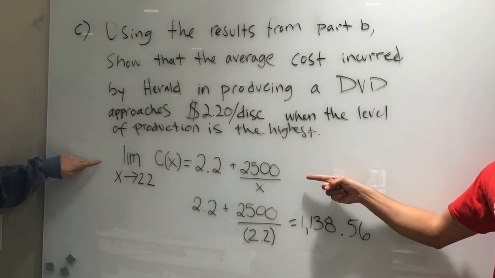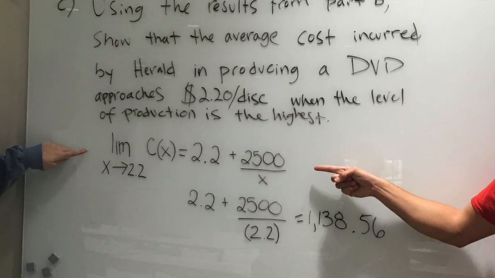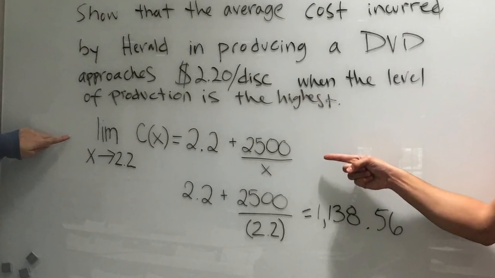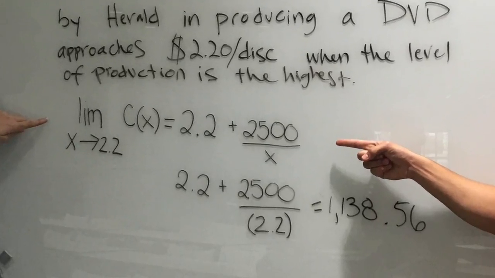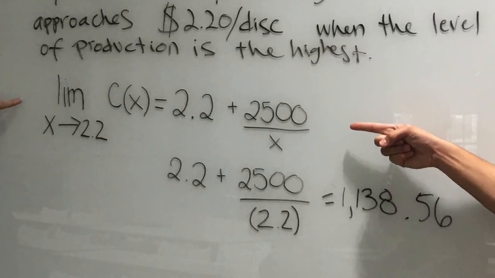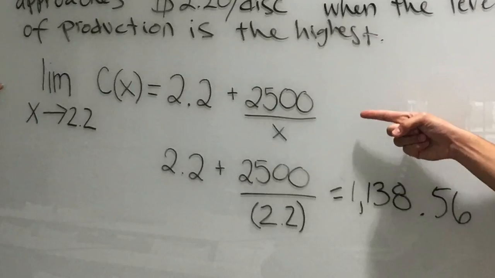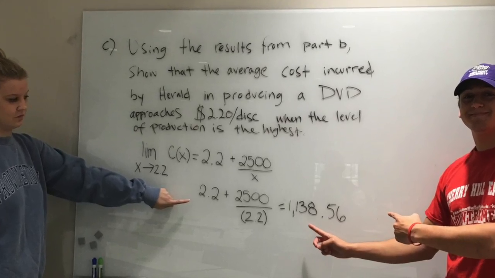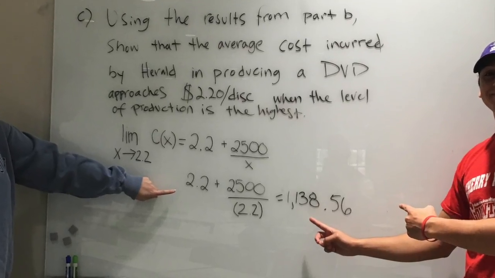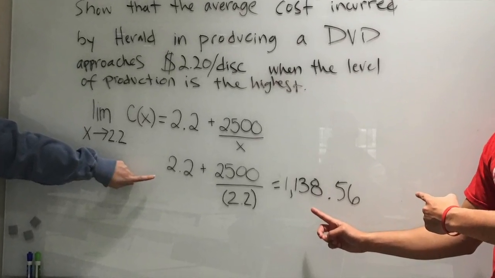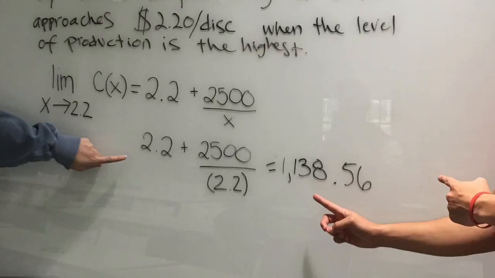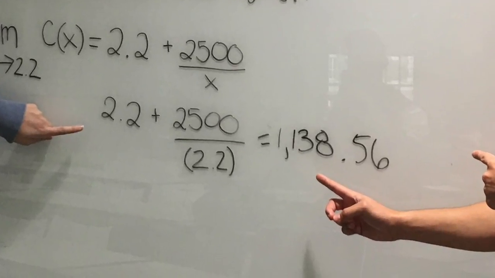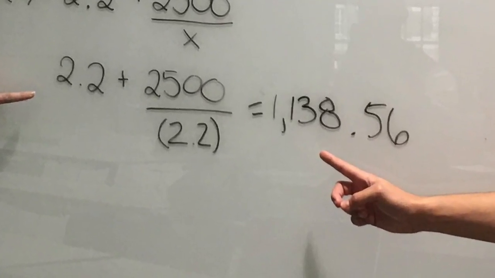So we wrote the limit as x approaches 2.2, and then we used 2.2 plus 2,500 over x, which was our average cost function from part B. We used that to set it equal to the cost as x approaches 2.2. So when we solve for that, we find that the answer is 1,138.56.